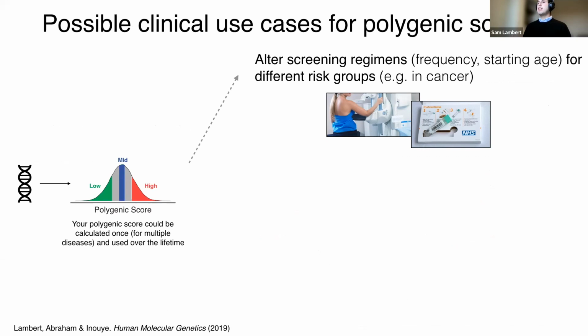One might think that polygenic scores, because they're risk information that's available earlier, could be used to look at the people who are at highest risk for breast cancer or bowel cancer and say, let's screen them for early stage disease earlier in their life or screen them more often. In this way, polygenic scores can inform decisions about when we start screening.